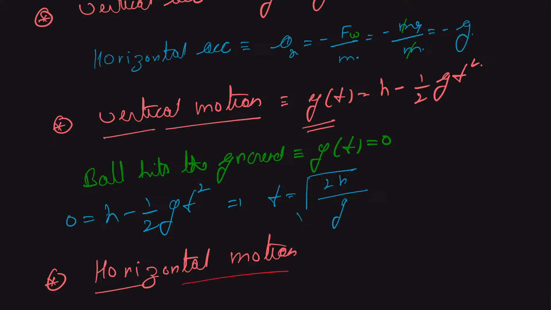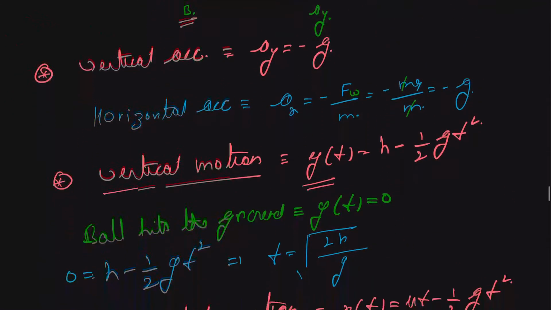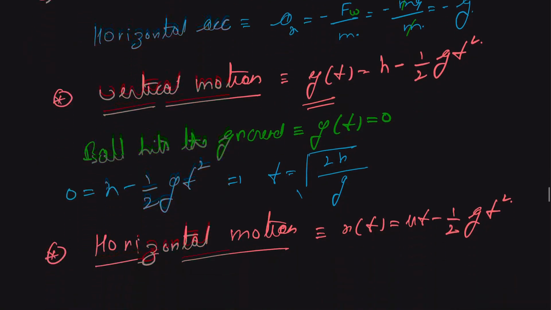So we can write the general equation for horizontal motion, that is our horizontal displacement x of t is equal to u t minus half g t square. And once again, as soon as it hits the point B, the horizontal displacement will also be equal to 0.